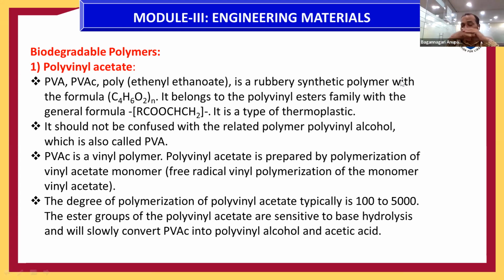The ester groups of polyvinyl acetate are sensitive to base hydrolysis and will slowly convert PVAC to polyvinyl alcohol and acetic acid. How to prepare the polyvinyl acetate? Let us discuss one by one. Preparation.